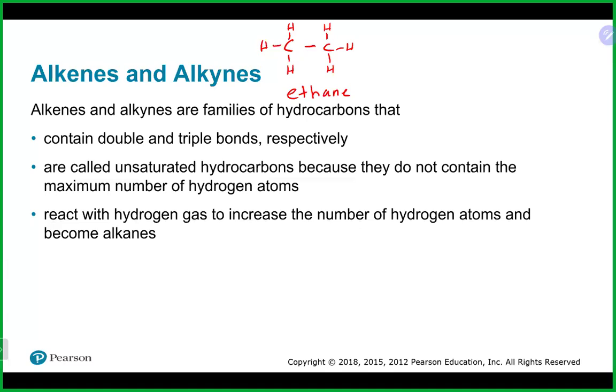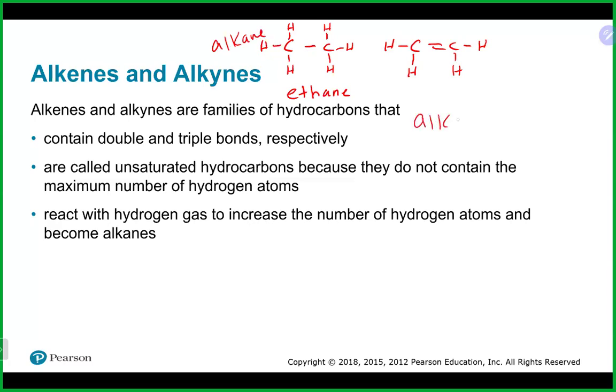So we do actually lose 1 hydrogen from each carbon where we insert a double bond. And if we did that, we will end up with a double bond, and we will lose 1 hydrogen on each of the carbons in this case. Again, that allows carbon not to have too many bonds.